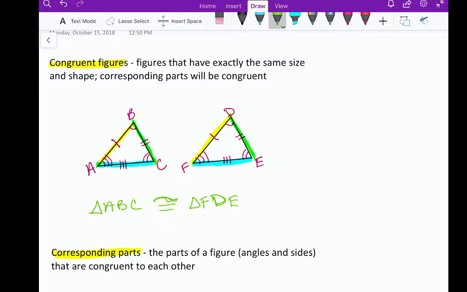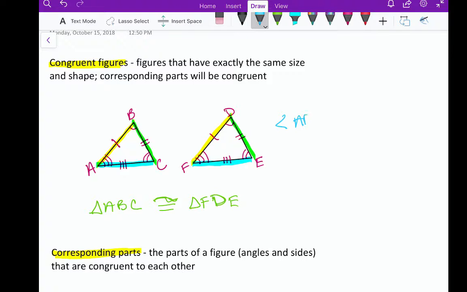Now we can also see some congruent angles here, and those are marked by the little curves in the angle. So if it has one curve, they both have one curve, then those are corresponding angles that are congruent. So angle ABC and angle FDE, those are congruent angles.